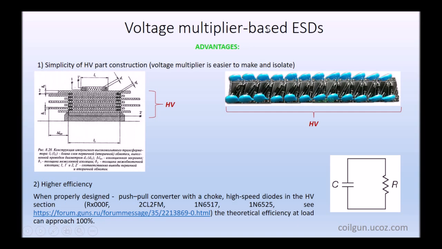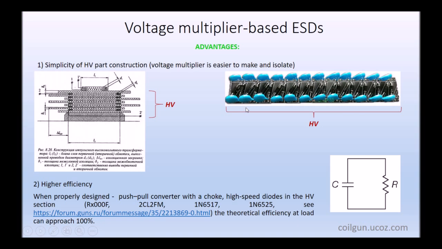Okay, let us examine the main schemes of high voltage blocks. The first of them is multiplier based ESDs. Multipliers are very widely used in different spheres, and they also can be bought in module form.